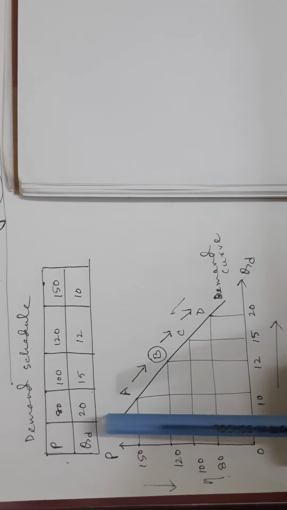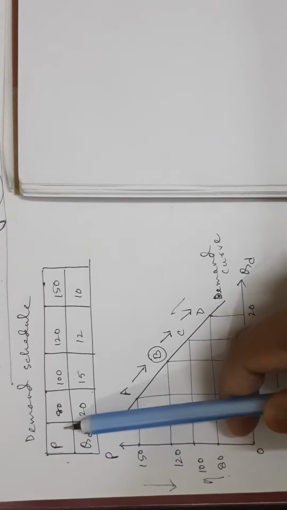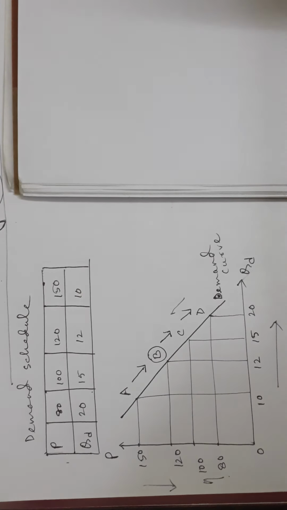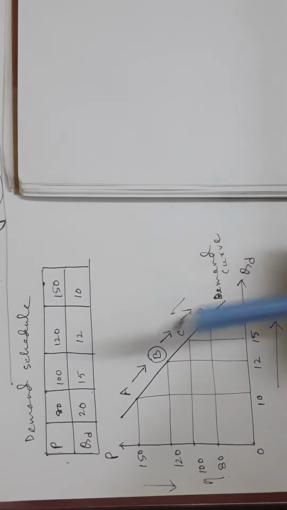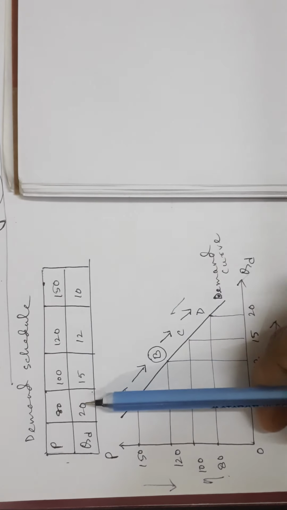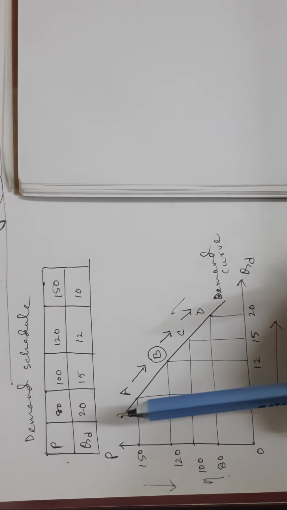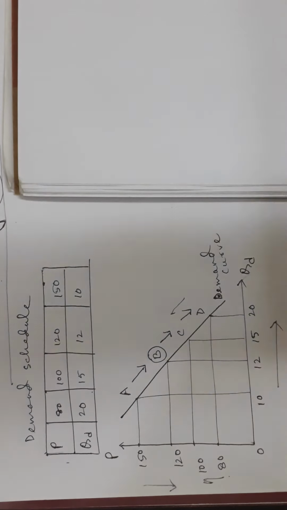This table is showing us, okay, say this price is the price of petrol. We use petrol for various purposes, for example, to drive our car or motorbikes. So say these are different prices of petrol, and this is the respective demand for different prices.